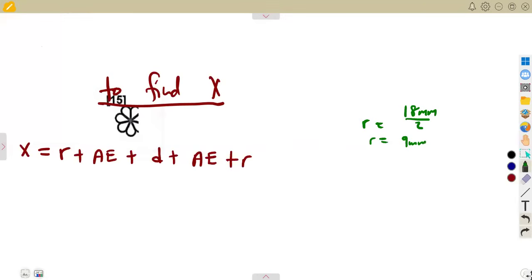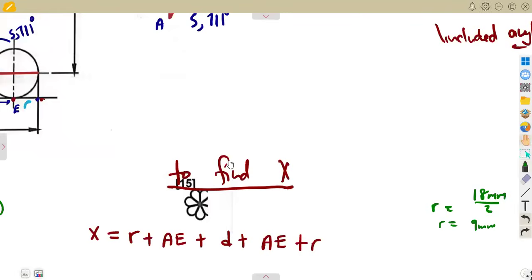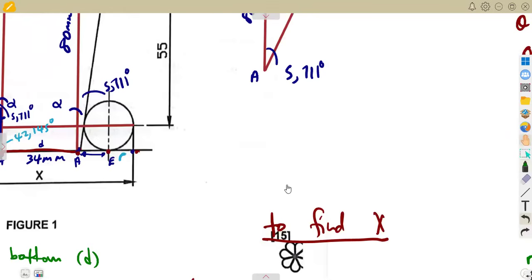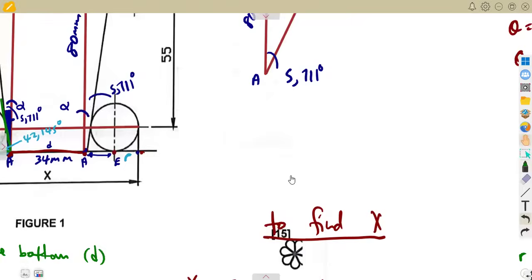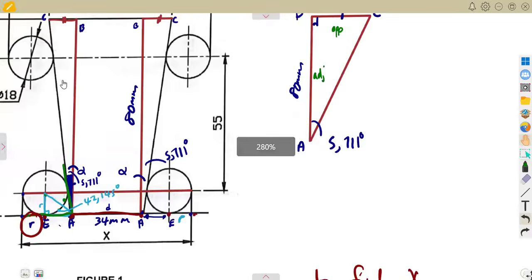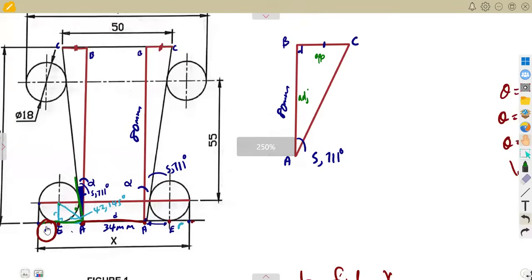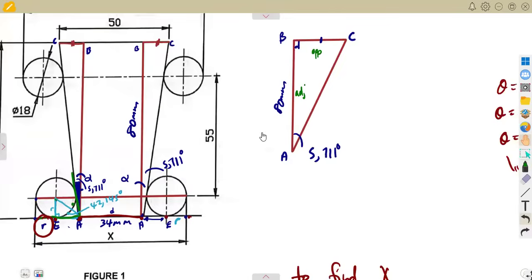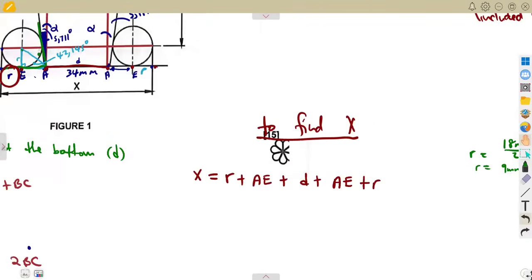We talk about the radius of the roller, this one, which is the radius at the bottom side of the rollers. This is a different thing altogether. So everything is there, except for AE. The AE is the same that we talk about, but we do not have that.